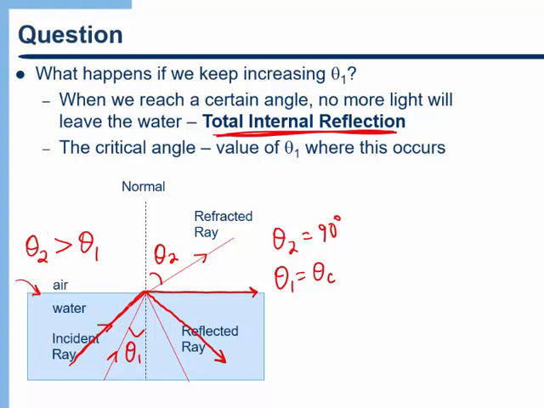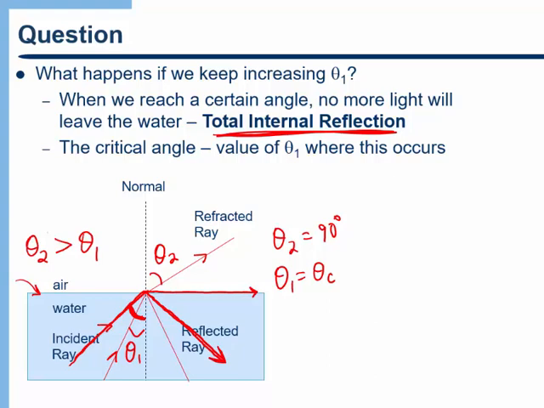And yet, if my angle of incidence in the water gets too big, none of the light can come out, even though that interface is transparent. So it's a really kind of a weird thing. That's why we call it total internal reflection. Again, all of the light comes back down into the material.